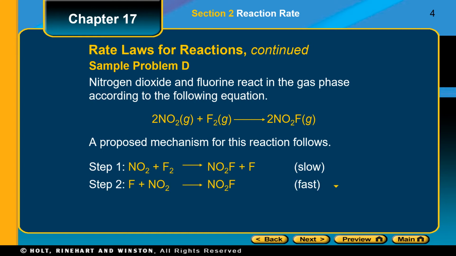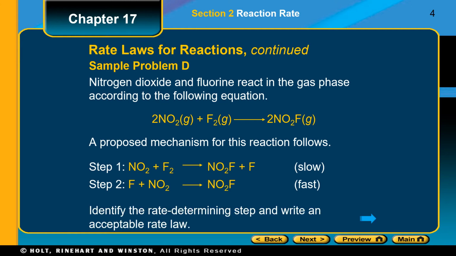And then in the next step, we have that single fluorine atom reacting with the nitrogen dioxide. It doesn't need to be split, so we can maybe see why it goes faster, but then it'll form a second molecule of nitryl fluoride.